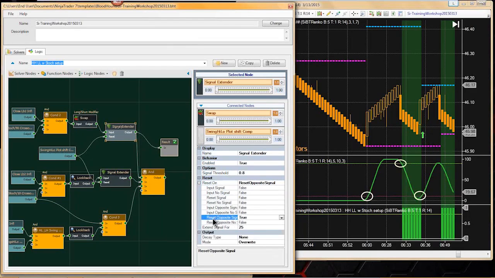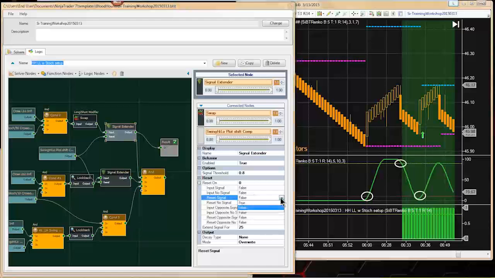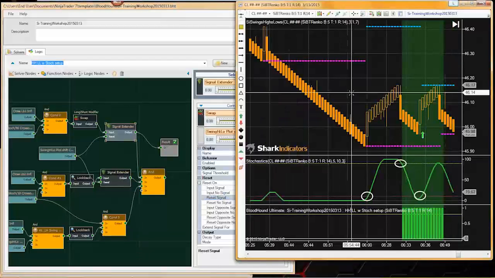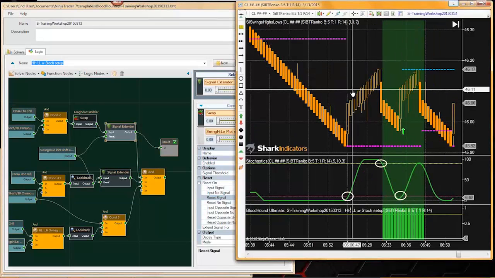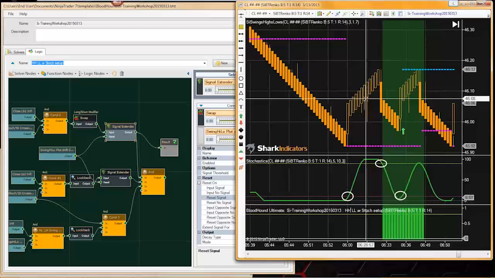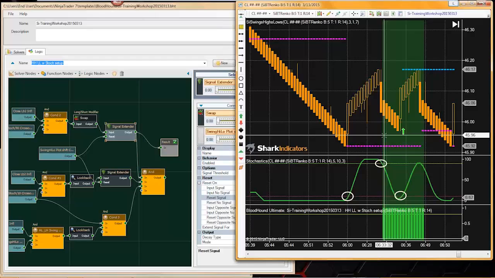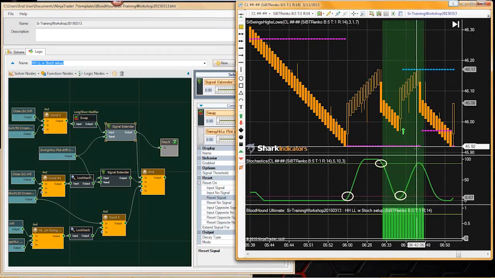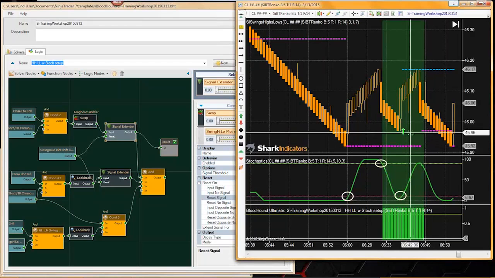So remember, we're no longer using the reset opposite signal. So I'll set that to false. We're actually using the reset signal. Set that to true. All right, there we go. So now that extended signal turns off when our swing low, or our magenta line, does the shift.